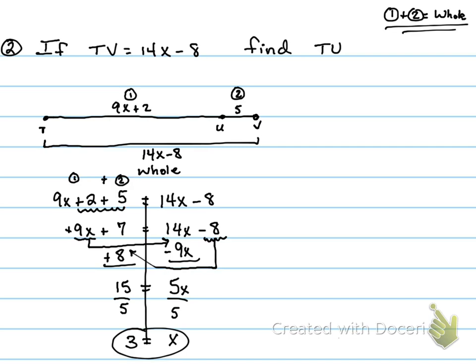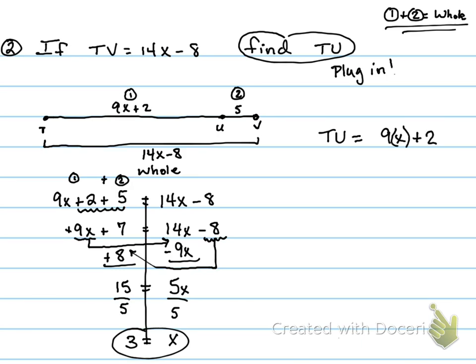But hold on. Did I ask you to find x? No. I asked you to find TU. So what we've got to do is go back and plug back in. Okay? So TU is the part that is 9x plus 2, or 9 times x plus 2.